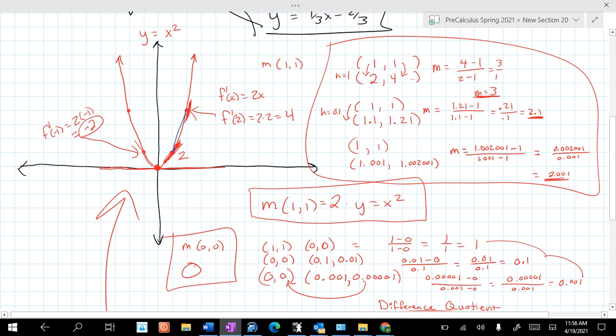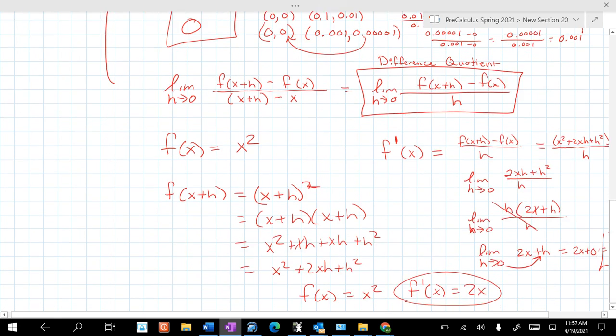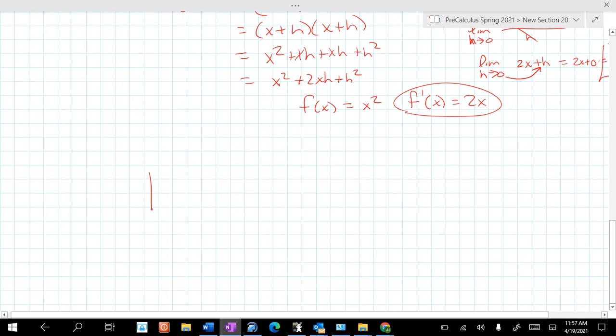Okay? So for tomorrow, you're going to do one problem on page 762. You're going to do problem number 1. Now, problem number 1 is y equals x cubed. Okay?